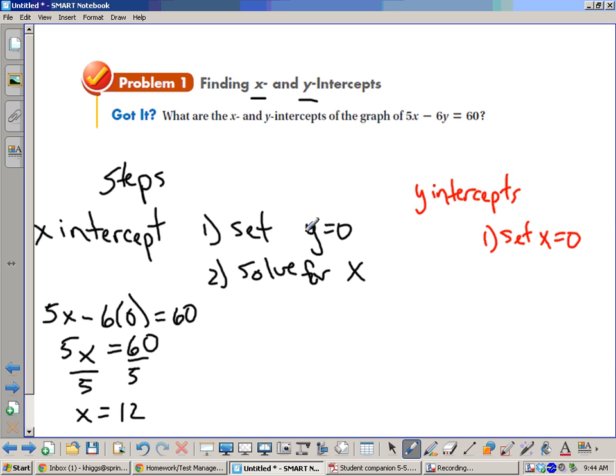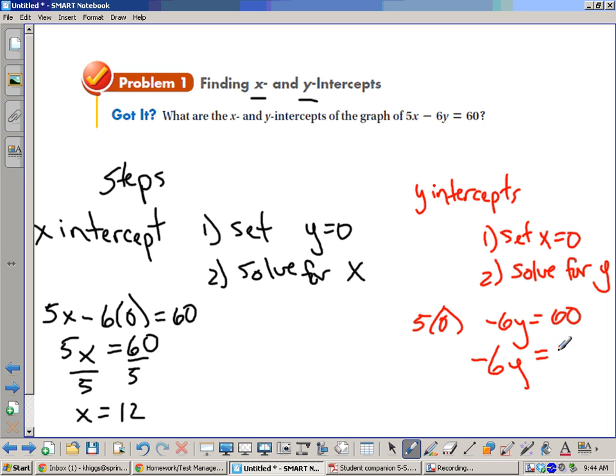So it's always the opposite variable will be 0 for the intercept you're trying to find. And step 2 will be solve for y. So we're going to go up here and make x 0. This will become 0, so we just get, now don't lose your minus here. This becomes a negative. Divide by -6, and y equals -10.